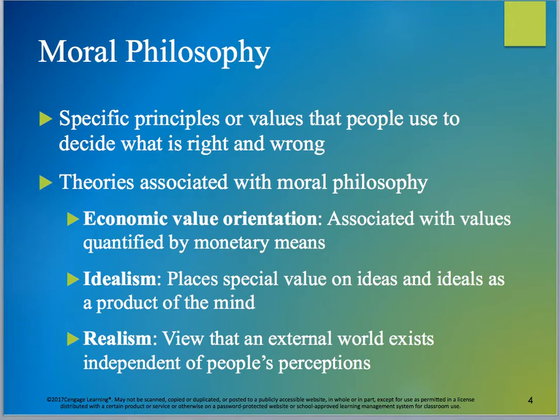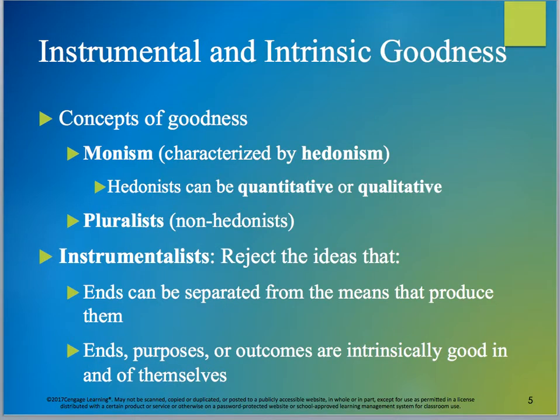Idealism places special value on ideas and ideals as a product of the mind, while realism is a view that an external world exists that is independent of our individual perceptions. The concepts of goodness, we have monism and pluralist.